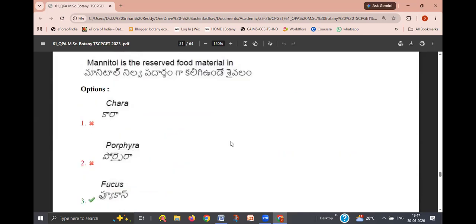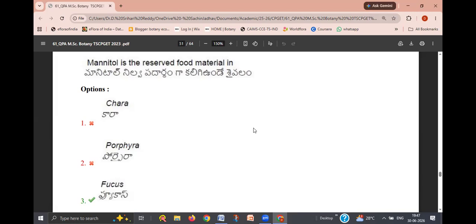So next, mannitol is the reserve food material. We already discussed different types of reserve food material in algae. In green algae, Chlorophyceae, the food is reserved in the form of starch. In the Rhodophyceae, the food is stored in the form of Floridean starch.